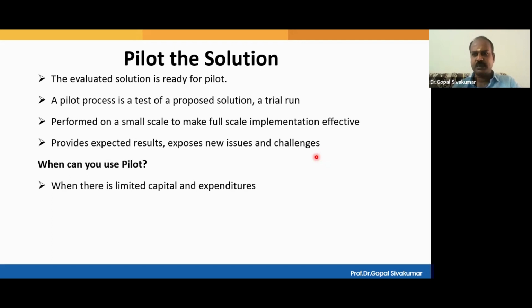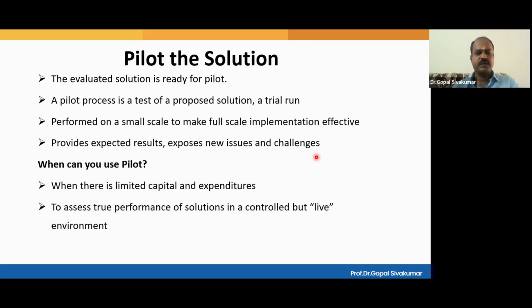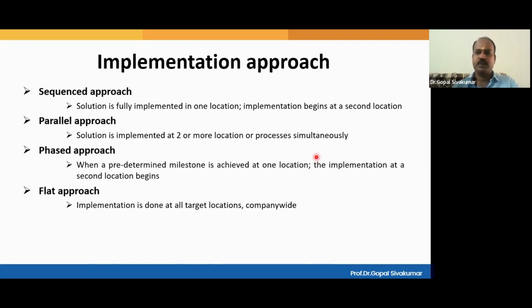Whenever there is limited capital, right? And to assess the true performance of the solution in a controlled but live environment, to identify the implementation tips and traps. Whenever the solution is irreversible or the implementation is costly, then it is very much advisable to go for piloting.